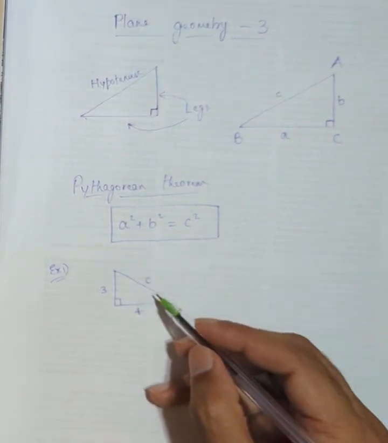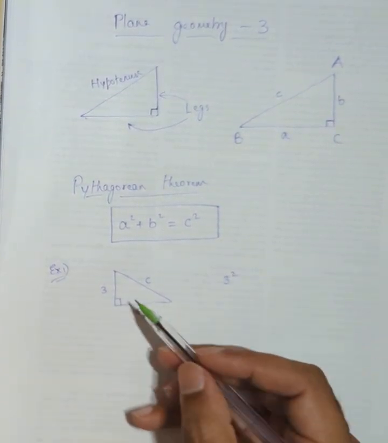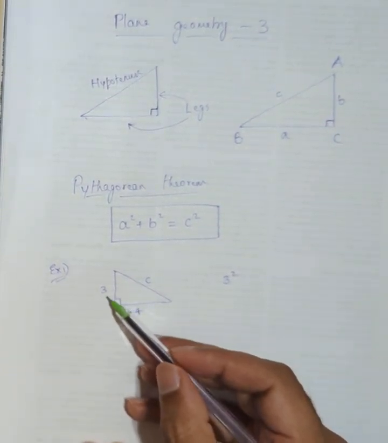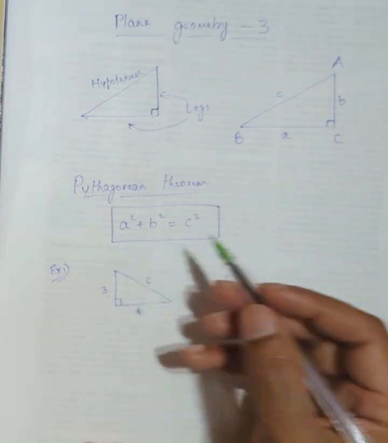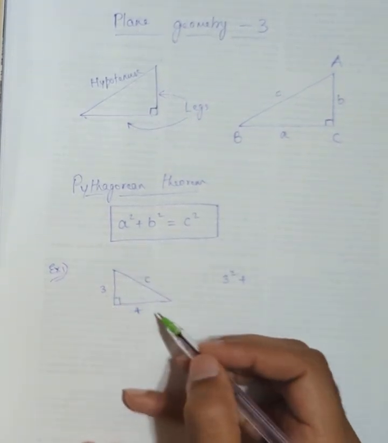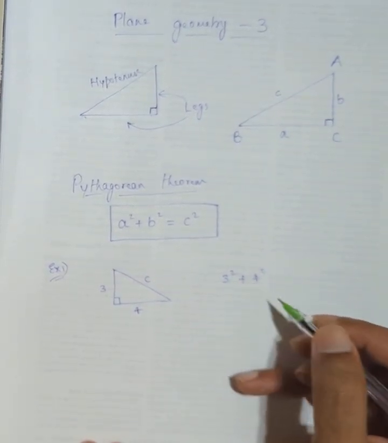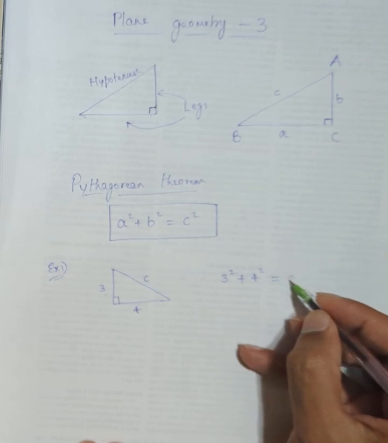Then I can use the Pythagorean theorem, a squared plus b squared. I can either call this a and this b or vice versa. It really does not matter. I want to square each of the legs, 3 squared, 4 squared, and then add them. This is equal to c squared.